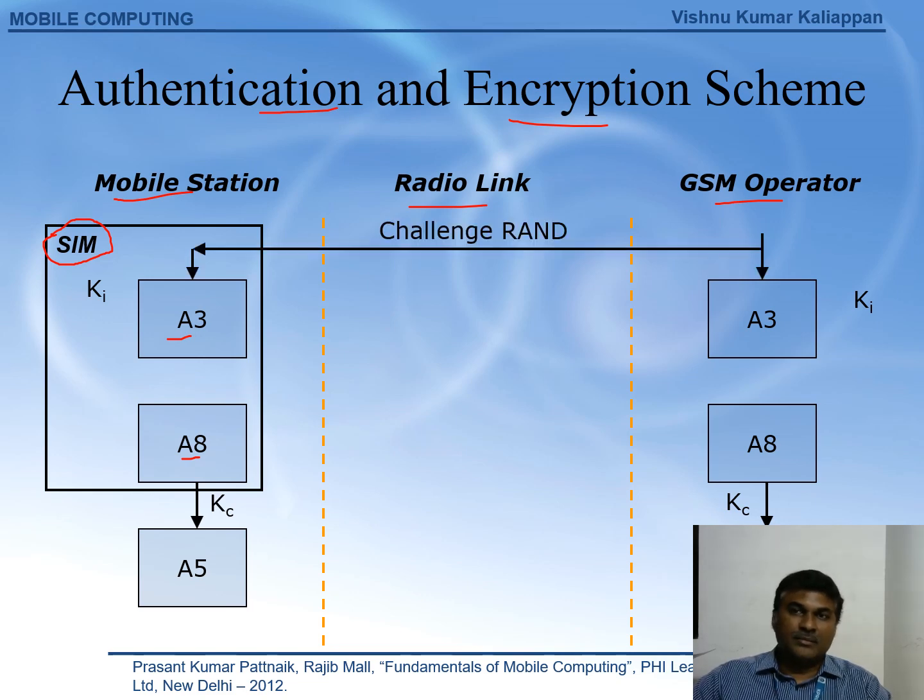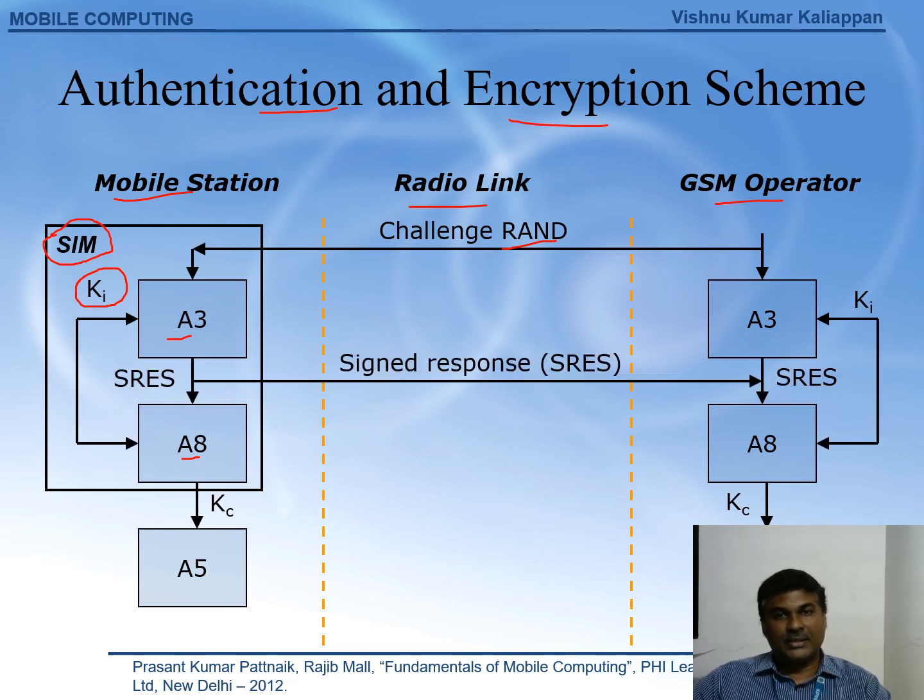Initially, between the GSM operator and the mobile station, a random value will be shared. With the help of this random value and the key Ki, the A3 algorithm will generate the signed response, SRES, at the mobile station, inside the SIM card.